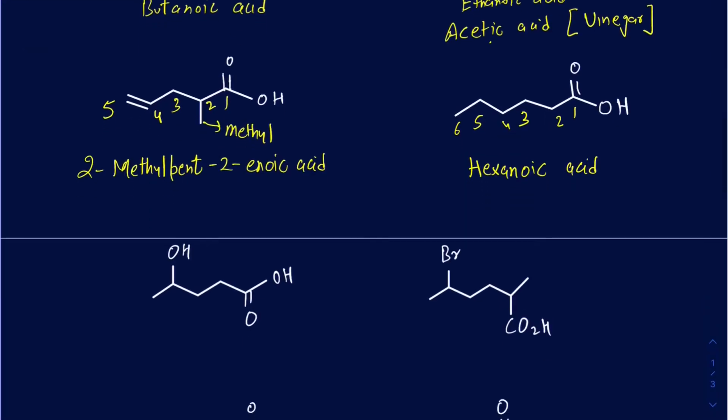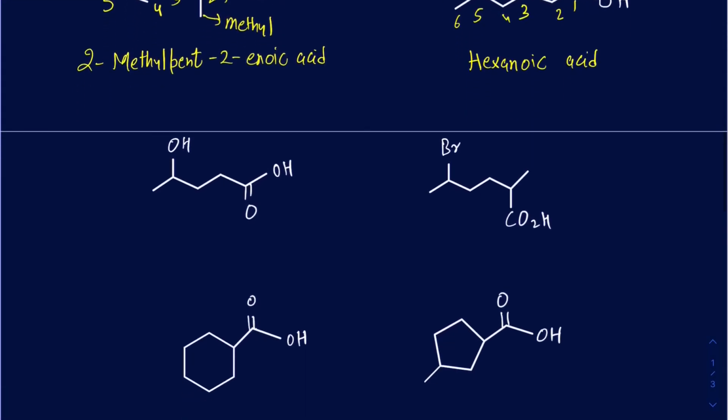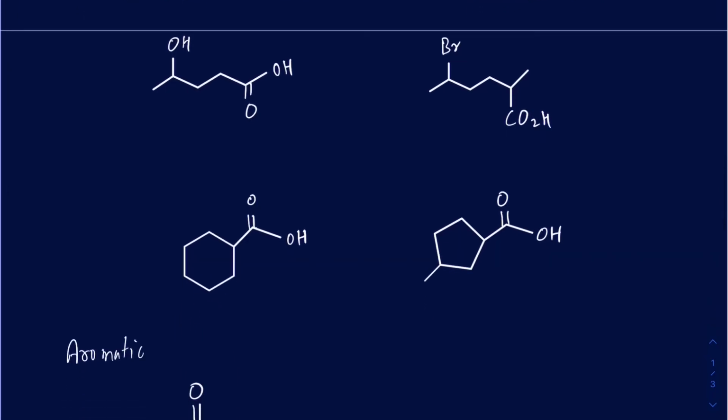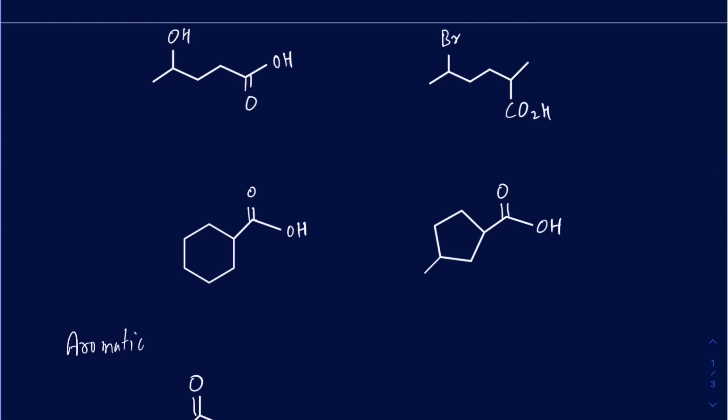Okay, so like I said, the carboxylic acid gets the priority in terms of the numbering and in terms of being the functional group. So if you have another functional group in the molecule, that's just going to act as your substituent. So like in this next example, I have 1, 2, 3, 4, 5.